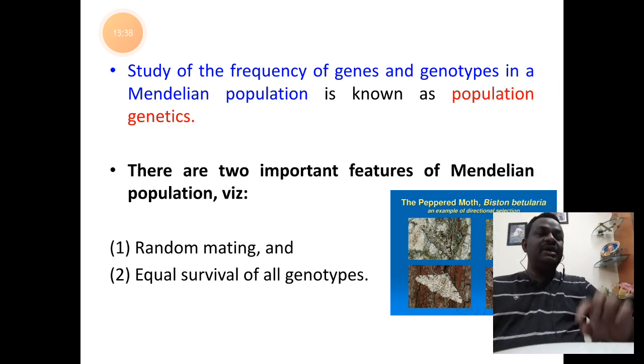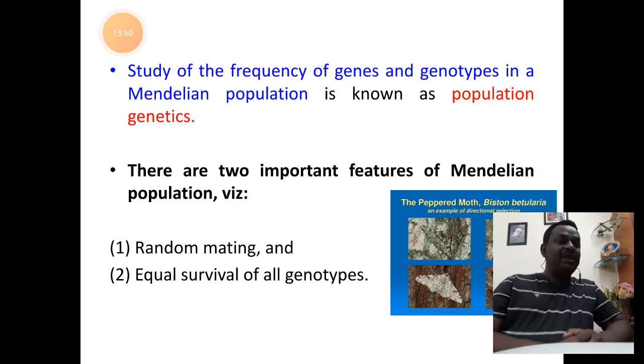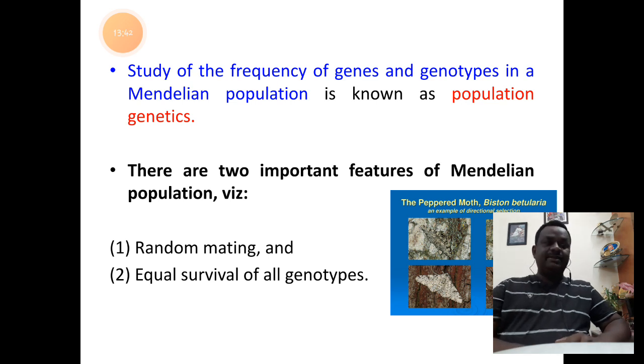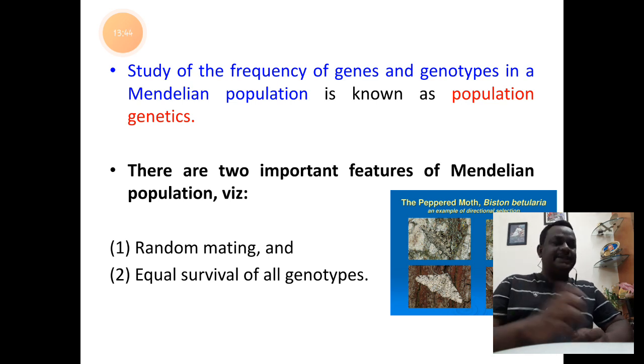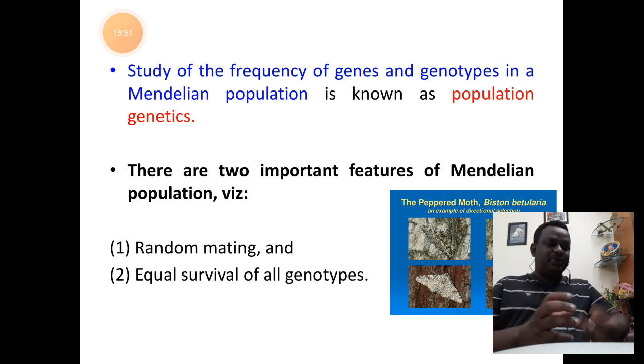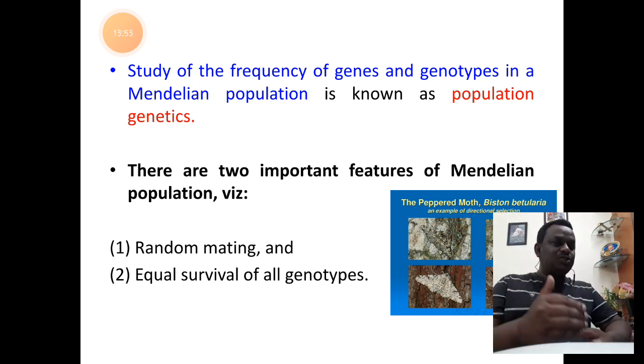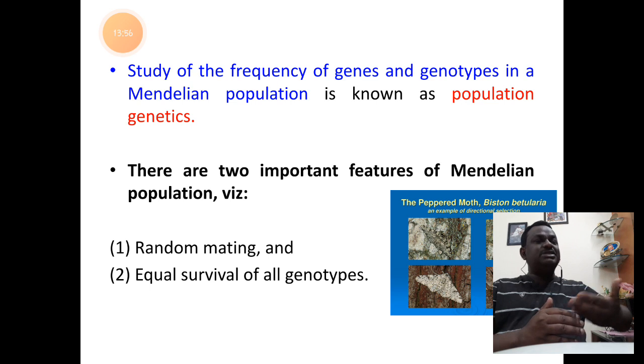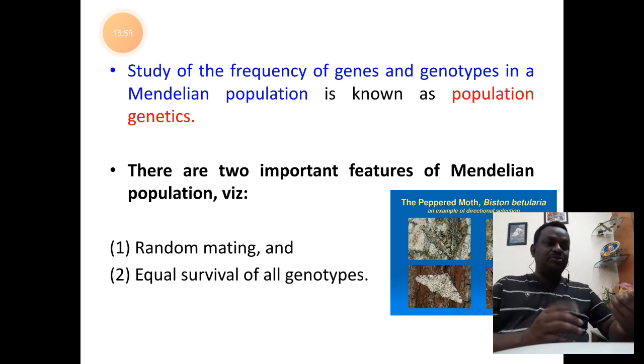So, the study of frequency of genes. Frequency is a common term. Students, remember, frequency refers to the number of times something appears. What is it referring to? Frequency of genes. So, it refers to the number of times a gene or genotype appears. Genotype also refers to the representation of a gene in the form of alleles.